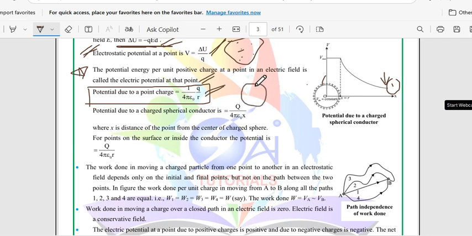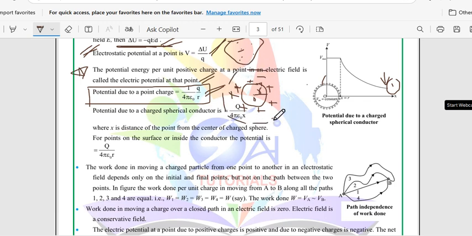This is a spherical conductor having the origin O and radius R, which has some charge plus Q.